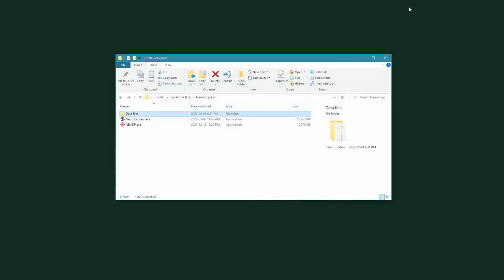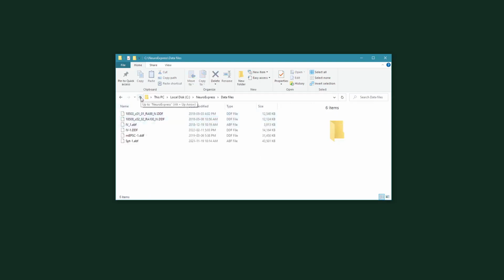So how to do that? It's very simple. You can create a folder on your computer like C:\NeuroExpress, and then you can copy the executable, which is called neuroexpress.exe. There is also an image or animation creating utility, nextgif.exe, and the sample files can also be put here or maybe into a separate subfolder.